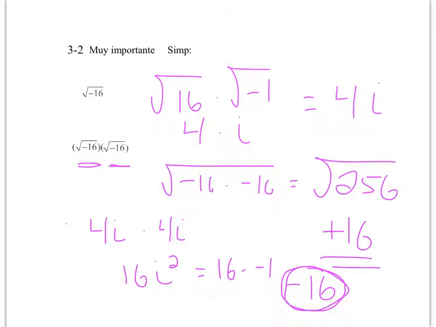So if you're dealing with radicals with a negative inside, you need to pull the i out first, so you need to change this square root of negative 16 to 4i first.